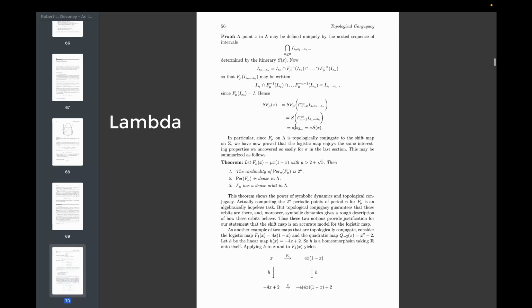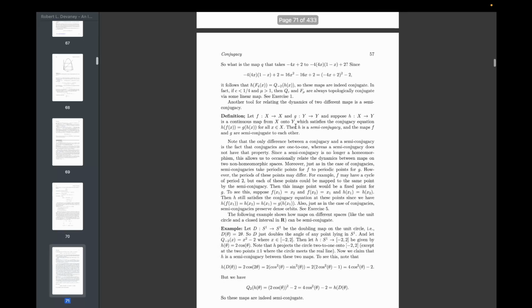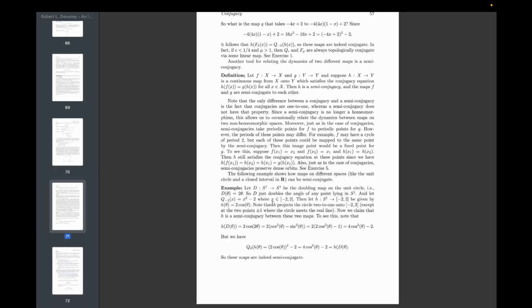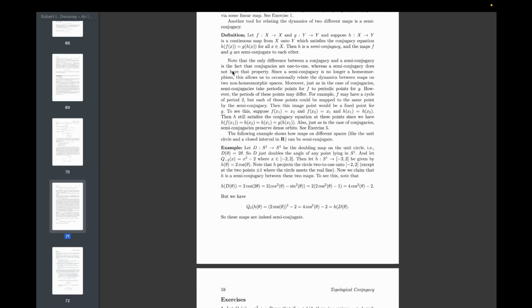I forgot what this Greek letter was, but basically you can compare two different dynamical systems, and you know that fixed points in one will be sent to fixed points in the other because it's a bijective map, and periodic points in one will get sent to periodic points in the other with the same period, which is actually crazy, because there's really not that much you can do with just analyzing a system directly. So you could compare it to something else.